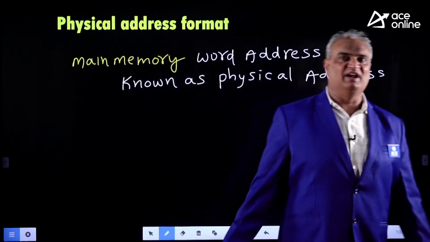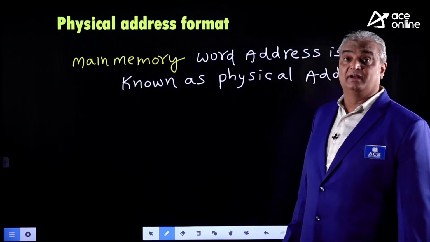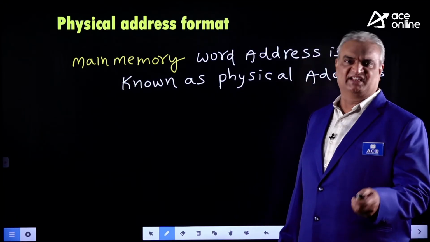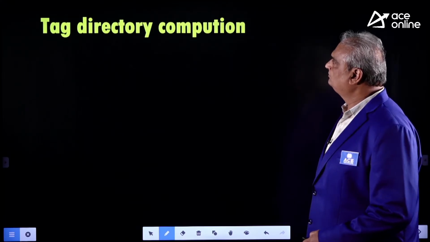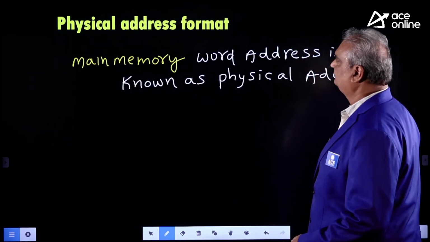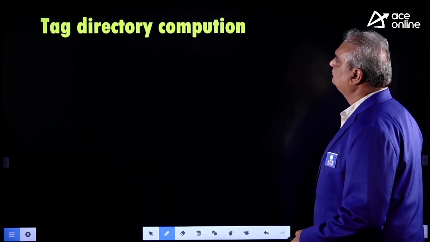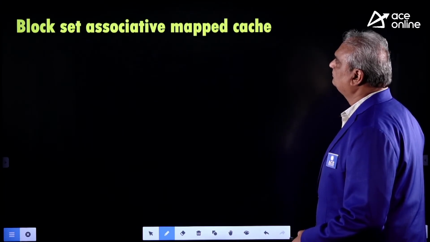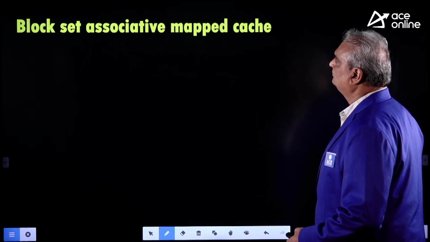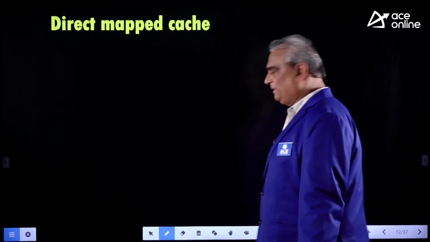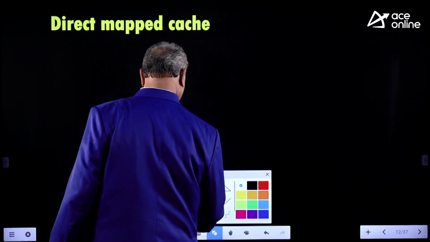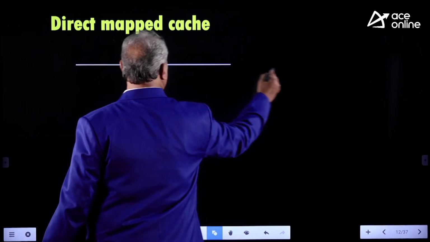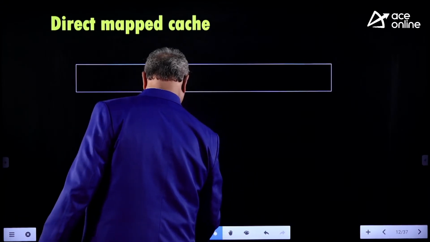The number of bits required for addressing a word from main memory is nothing but physical address. Let it be direct mapped cache. In direct mapped cache, the physical address format is like this.